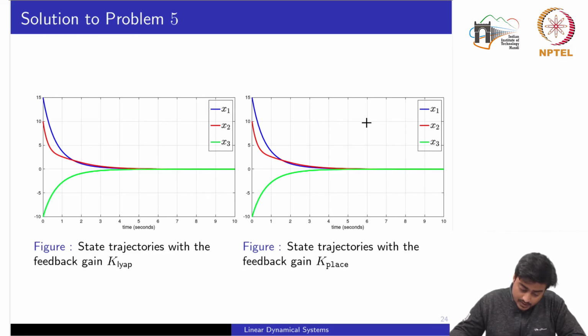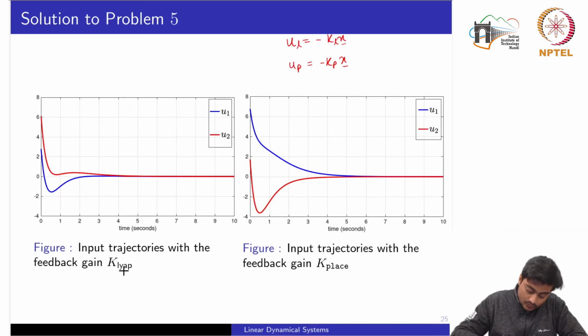So let's see the response of the system by putting these two different state feedbacks in. One we have the K-Lyap and another we have the K plus. So you would see that we obtain the same state trajectories when we apply these two different state feedback gains. For the Lyapunov case, we have less control energy.